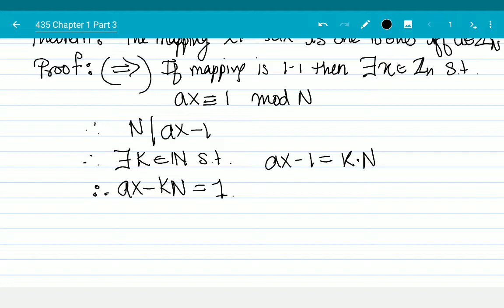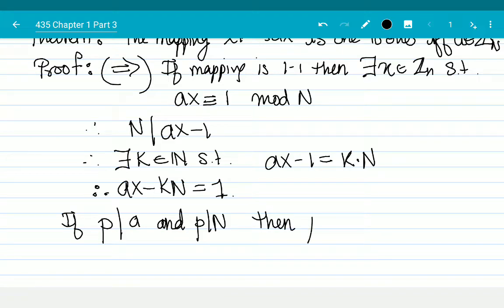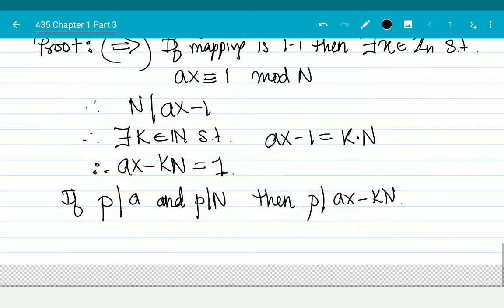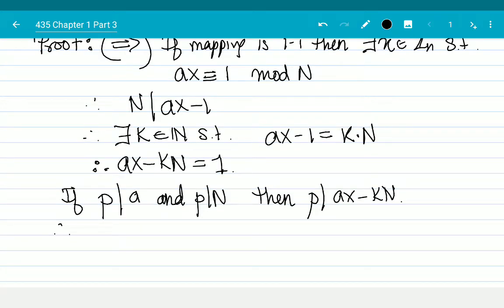Well, this means if p divides a and p divides n, then p divides ax minus kn, right? But ax minus kn is exactly 1, therefore a and n are coprime.